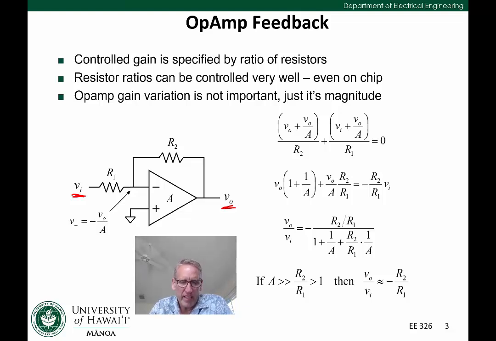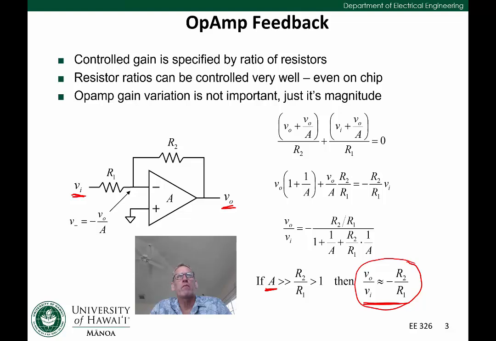And if we have a finite gain A, if we work through this as we've done in 323 and other classes, we get a result at the end that says V out over VI is approximately equal to minus R2 over R1. And so we can see here that if the gain A is large, then V out over VI is approximately minus R2 over R1. That's the inverting amplifier configuration.